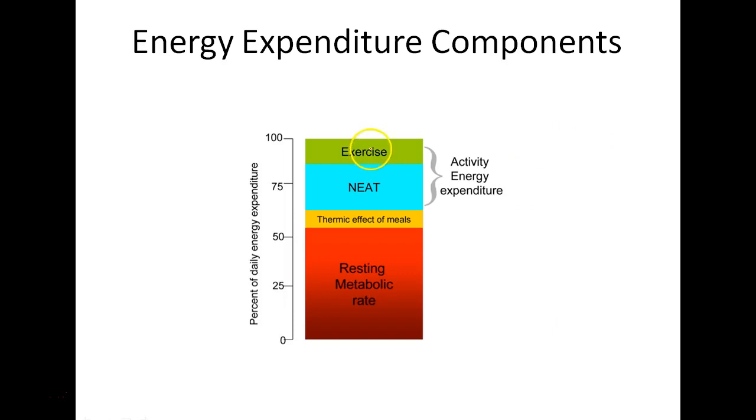We see that's a small amount, and not so much for this item called NEAT, which means doing average daily activities such as moving arms, cooking, sweeping, cleaning, etc. Then we take into effect the thermic effect of meals. In other words, when we eat food, we have to warm that food up. And lastly, we see that most of the energy we expend goes to resting metabolic rate.